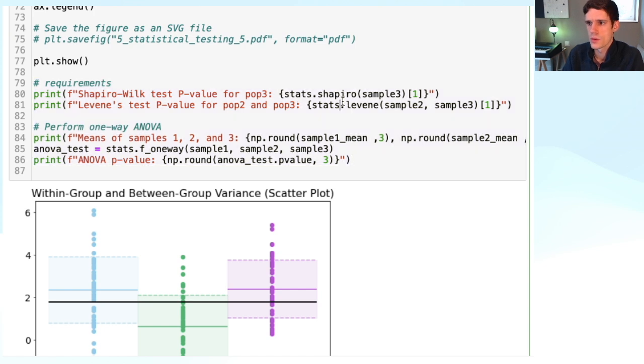Now, of course, we also want some numbers, and the actual statistical testing is all done in these few lines of code. But first of all, as I said at the beginning, we need to check some requirements, namely, first the normality of our underlying distributions, and then the equal variance between our underlying distributions. Now remember here that our third population came from a Rayleigh distribution, so not a normal distribution.